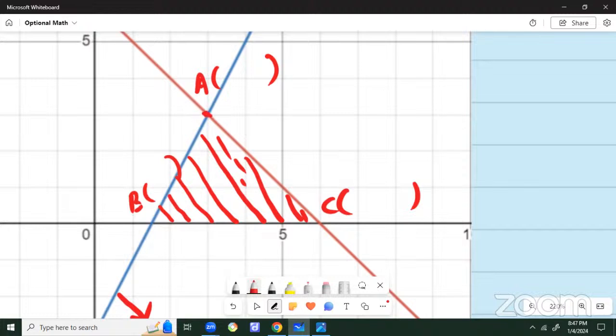Understood? What are the coordinates of A? 3, 3. Are you sure, 3, 3? Okay, yes, 3, 3. What are the coordinates of B?